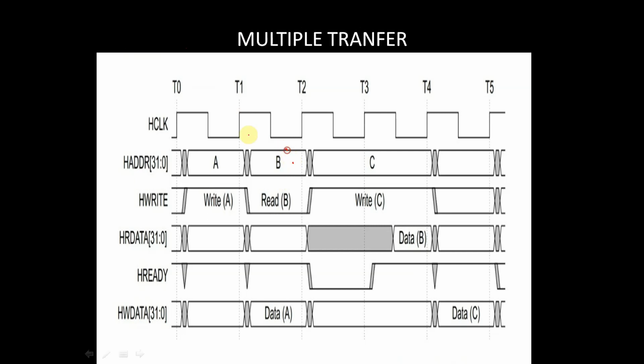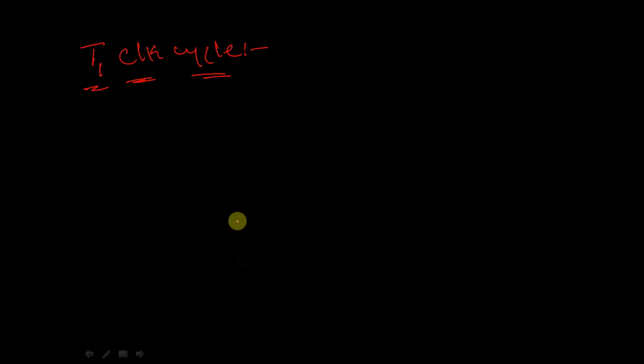Now let us analyze at the T1 clock cycle. At the T1 clock cycle, we can see HREADY is high.